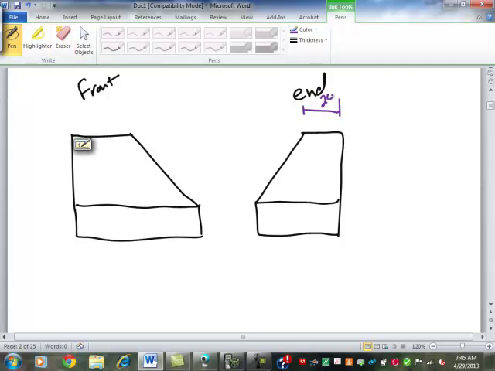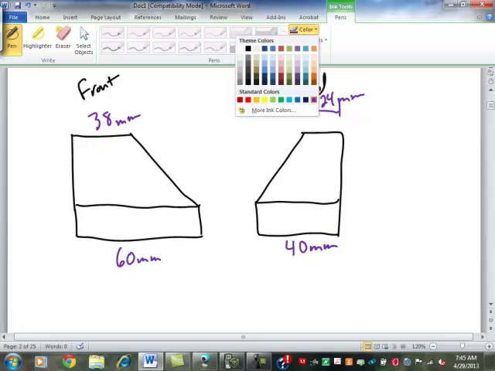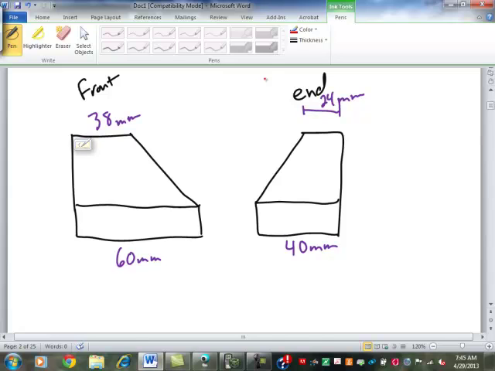Let's say that this is 24 millimeters. This here is 38 millimeters. This down here is 60 millimeters. And this down here is 48 millimeters. Let's go 40 millimeters. Make it easier on us. Well, now what we're looking for, none of those are the dimensions we want.